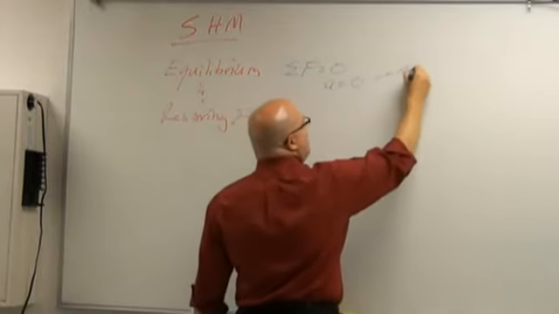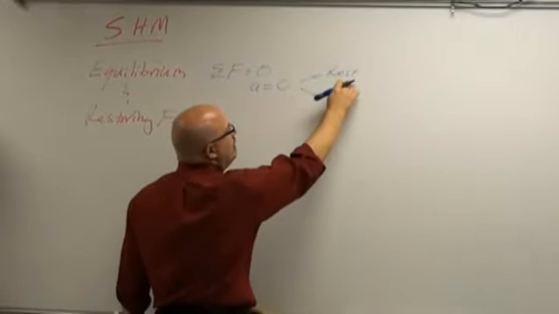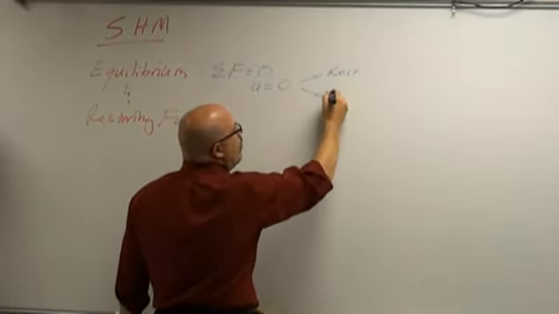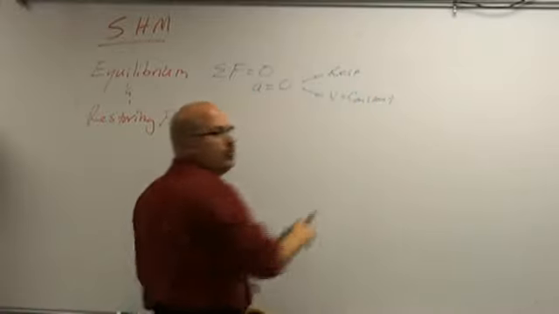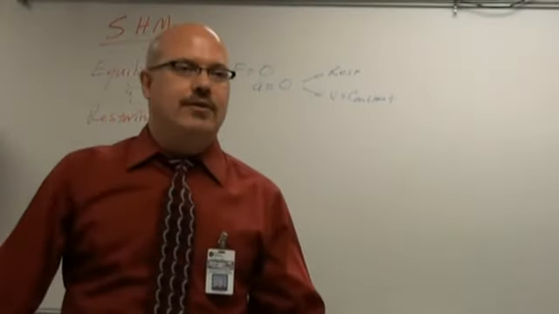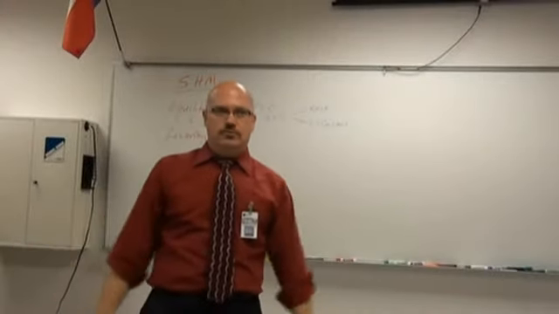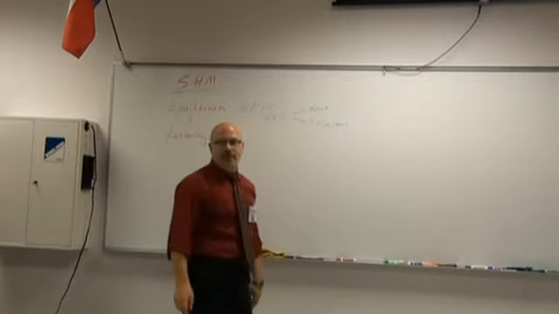That means either staying at rest, or the velocity equals a constant. Actually, rest is a special case of velocity equals constant. It's velocity equals 0, right? So technically it's the same. This is a subset of that.